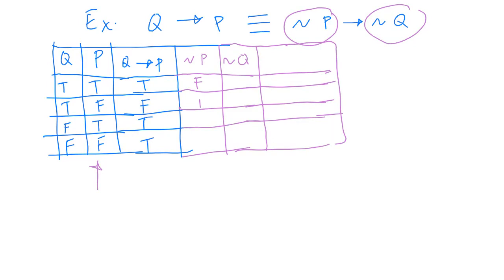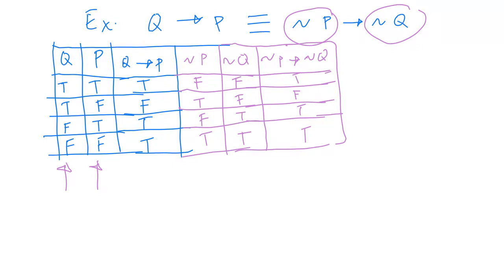So F, T, F, T. For not Q, you're looking at the first column and take the opposite values. Okay, and let's write the statement. So conditional, that's T going to F, second column, you'll get F here, the rest will be T.